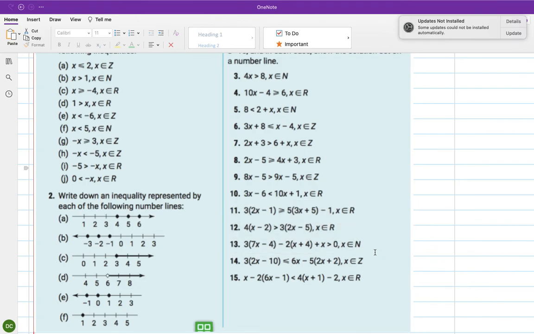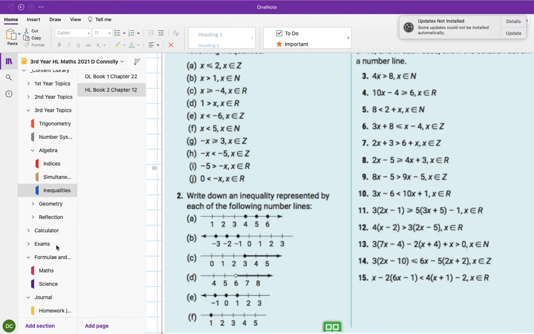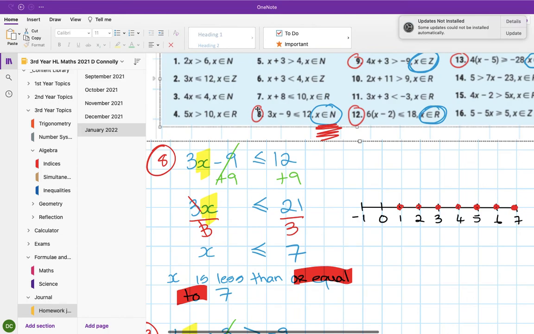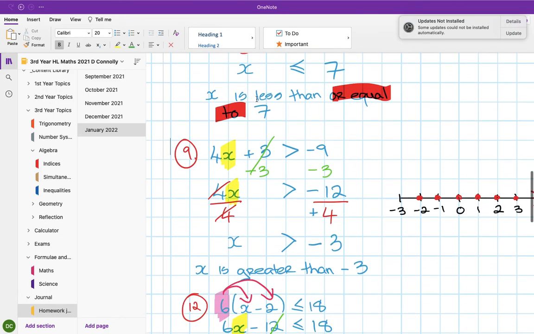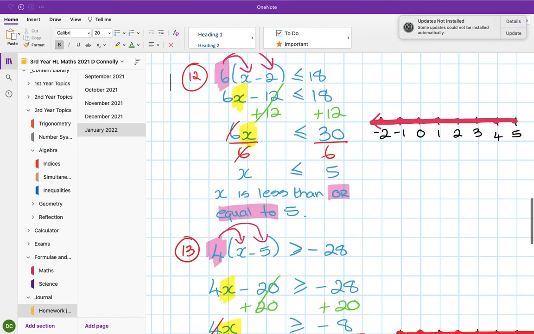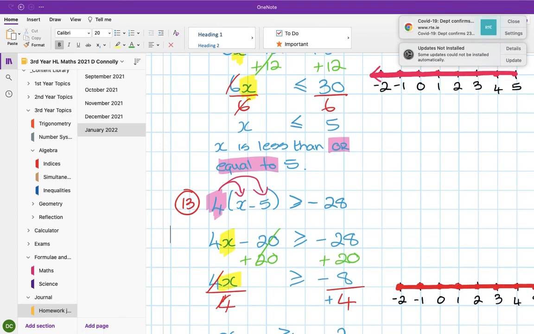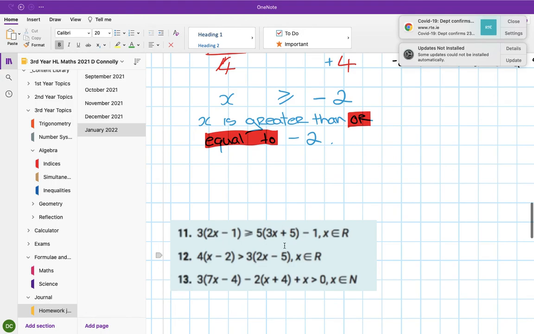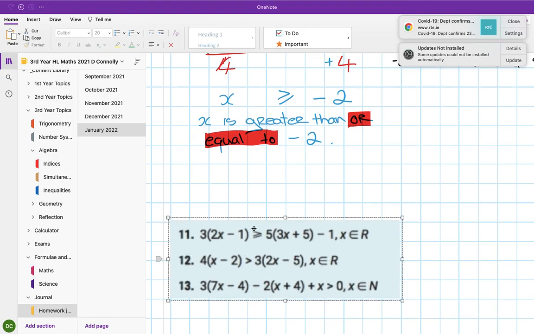Okay, and you'll notice at the end they do give you number systems, so you will have to do the number lines on these ones. So we have the first question here, finishes at the -1, and then it's telling us that that's real numbers, so you'll need to draw the number line. Second one is also real numbers, and the last one is natural numbers.